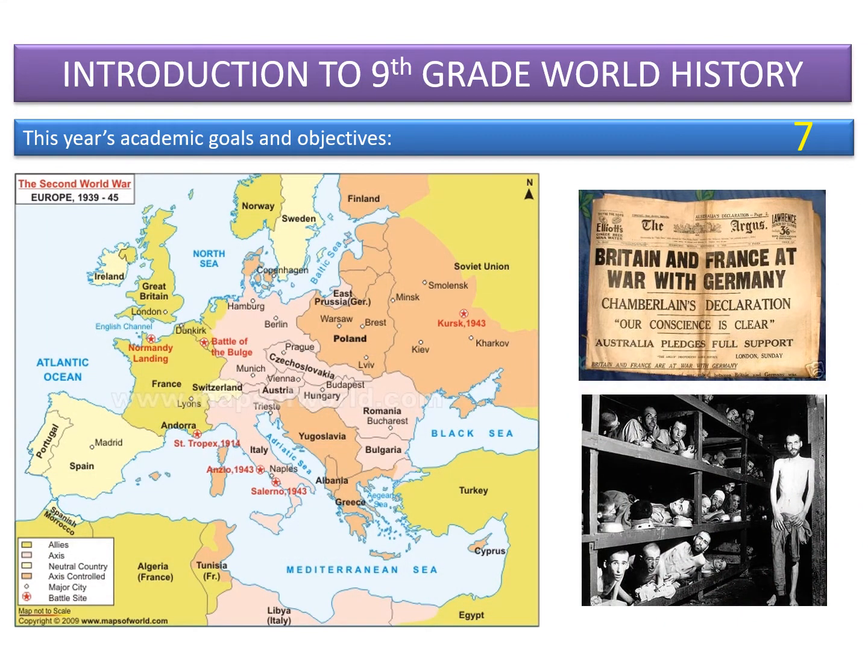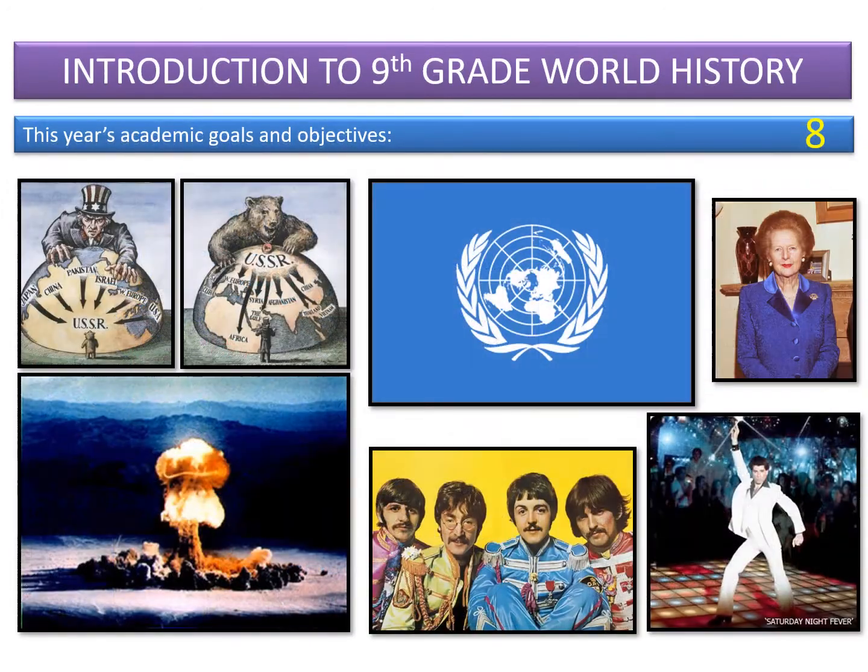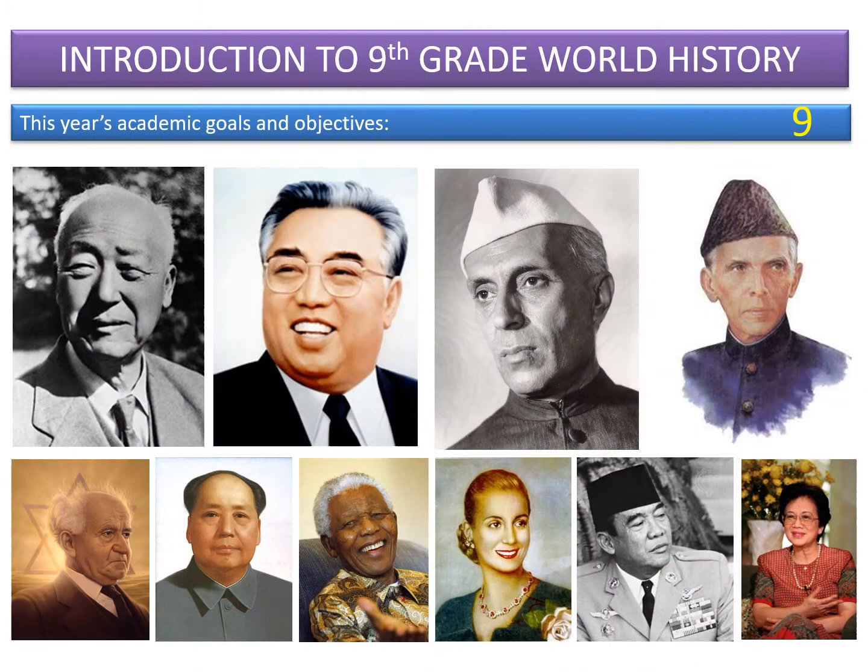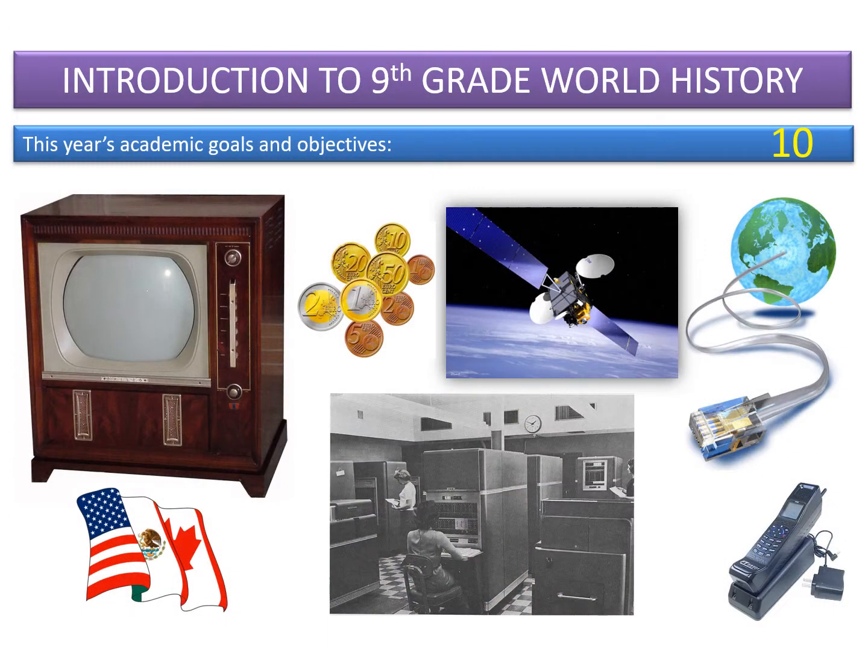We'll be analyzing the causes and consequences of World War II and the international development of the post-World War II world. We'll be looking at instances of nation building in the contemporary world and analyzing the integration of countries into the world economy, the information, technological, and communication revolutions.